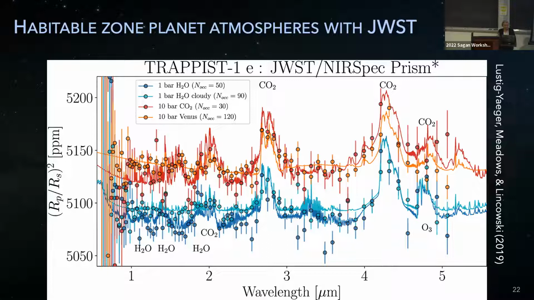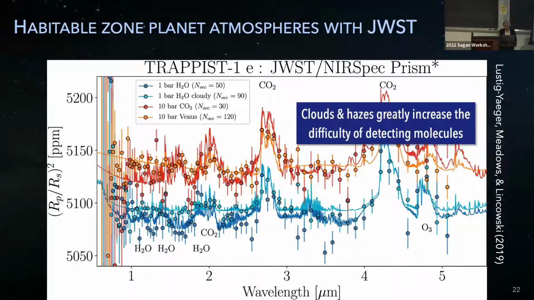And furthermore, if you look closely at the aquaplanet spectra, you'll see that the most prominent features actually come from CO2 right here, and that the water vapor features over here are extremely small in both cases. This is because the water vapor is concentrated at lower altitudes in the atmosphere, as I mentioned at the beginning with the thing about clouds and hazes.